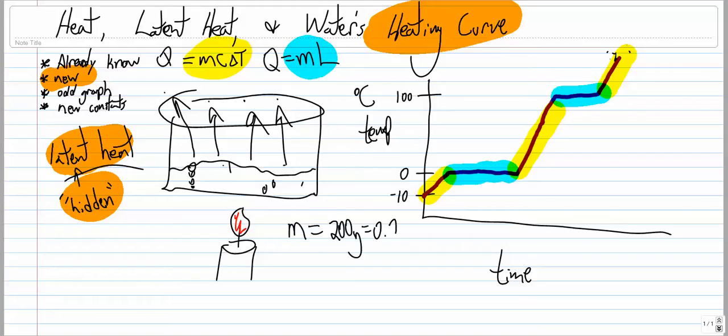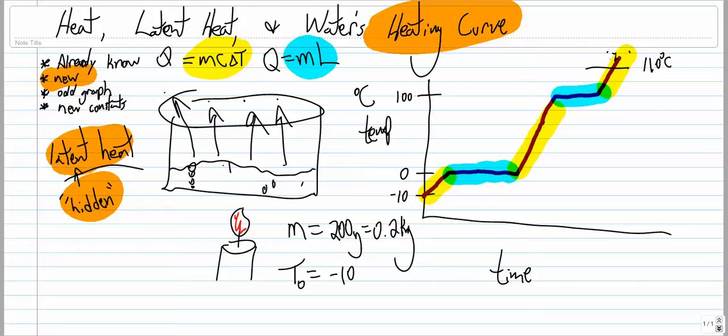That's 0.2 kilograms. And we started the graph at -10, so our original temperature was -10 degrees Celsius. And just for the heck of it, let's say we're going to go up to a final temperature of 110 degrees Celsius. So this problem is actually a super simple one. You guys are going to think this is a breeze.